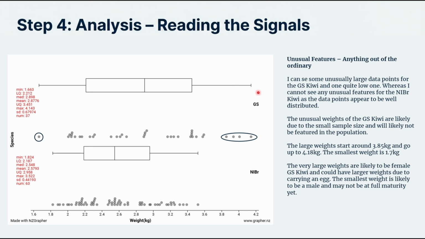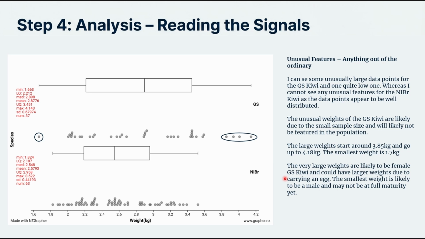In our case, we can identify what we are seeing, but we can also specify that due to the small sample size, it will likely not be featured in the population. We can indicate where these features are currently and also potentially why they might be there.